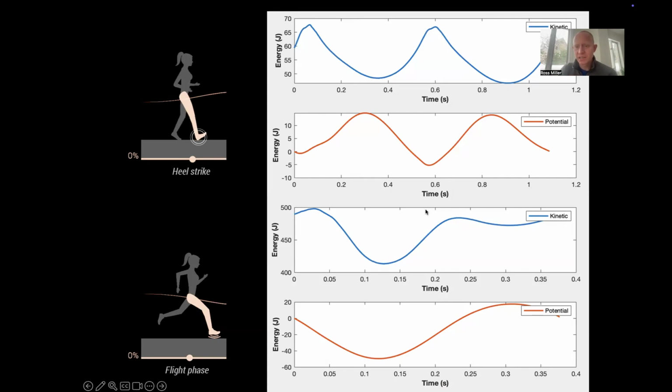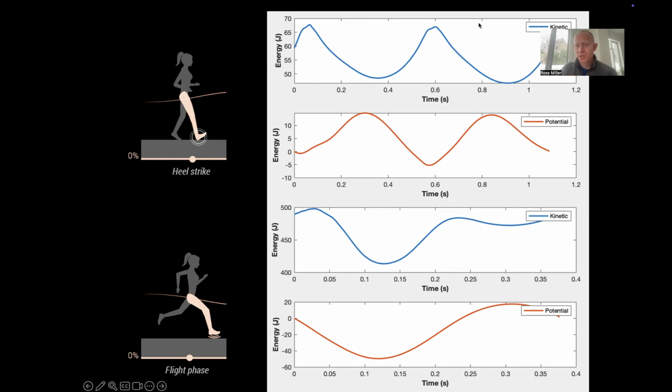Here in each of these four rows, the blue line is always showing the kinetic energy of your center of mass as a function of time over that stride cycle. The orange line, similarly, is showing the potential energy due to gravity of the center of mass as a function of time over the cycle of that mode of locomotion, whether it's walking or running.